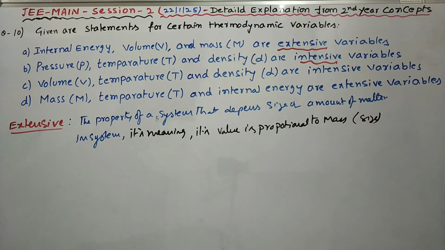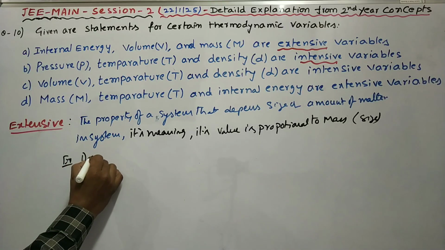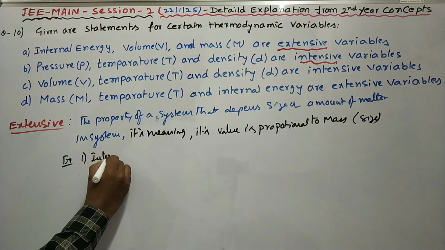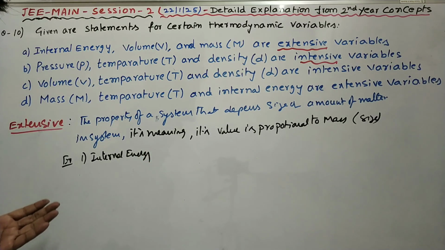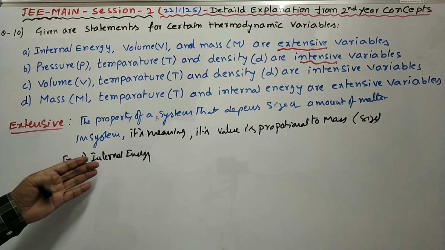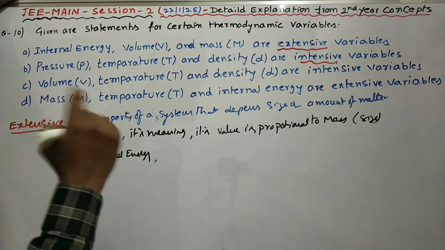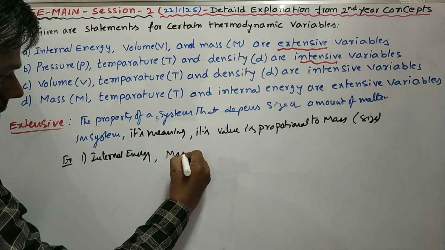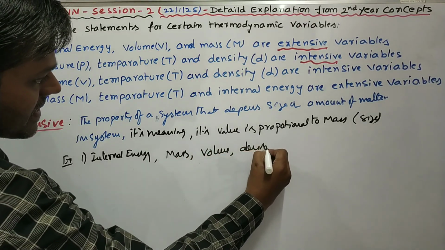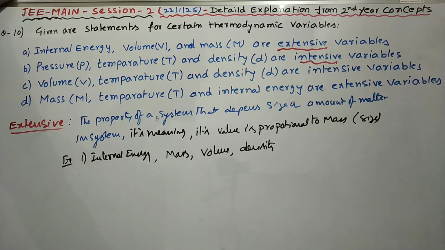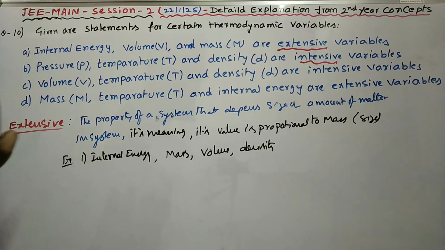So when a system is there, for example, internal energy. Why? Because a system possesses some position, and due to position it possesses some energy. That energy is called internal energy. Energy due to mass. Mass means where there is volume as well as density. So these variables are called extensive variables.